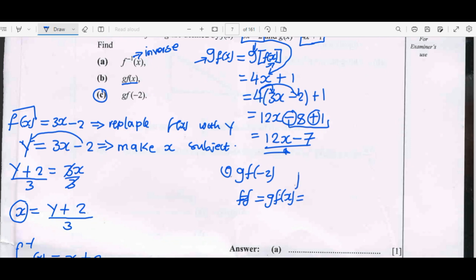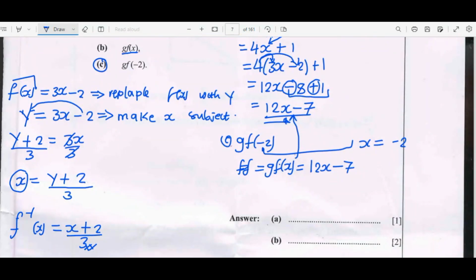Yes, we have formed it. So we know that g combined with f of x is equal to this expression, 12x minus 7, which is what I'm going to write. Which means that the value inside here simply means that x is equal to negative 2. So where there is x, you put negative 2.